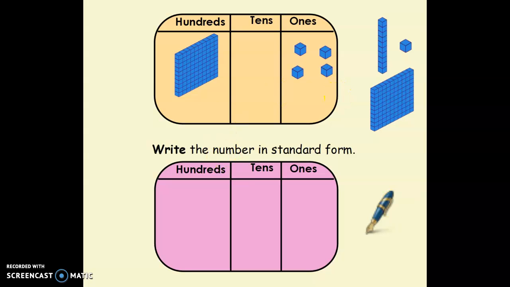This is the number 104. So let's look. Here is 100, counting on 101, 102, 103, 104. So this is how we write our number in standard form using the digits. 104.